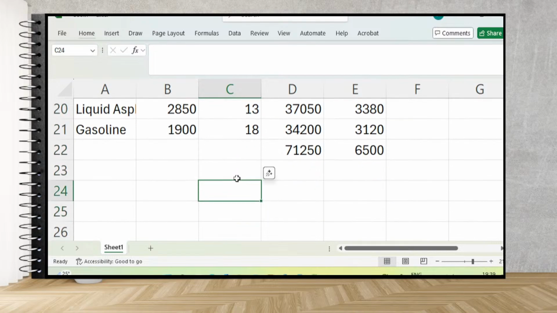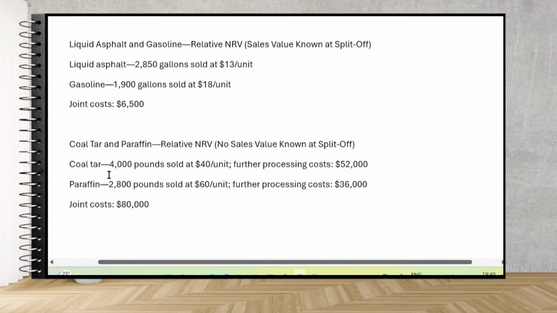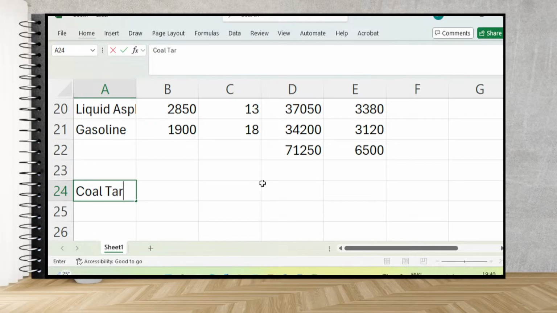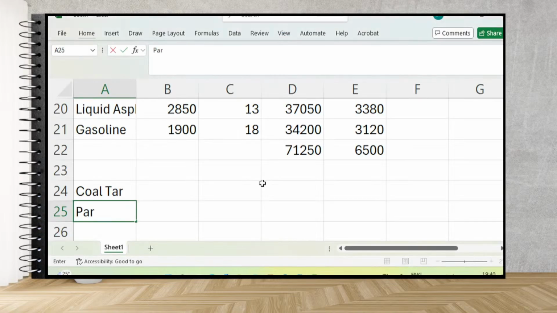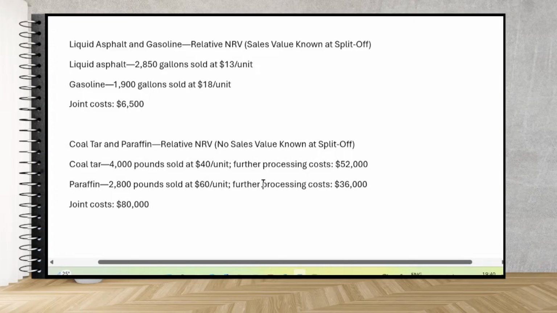If I am not aware and I know the end price only, then I need to reduce the processing cost, which is given here. 4,000 pounds sold at 40 per unit, and the further processing cost is 52,000. What is my quantity here? 4,040.